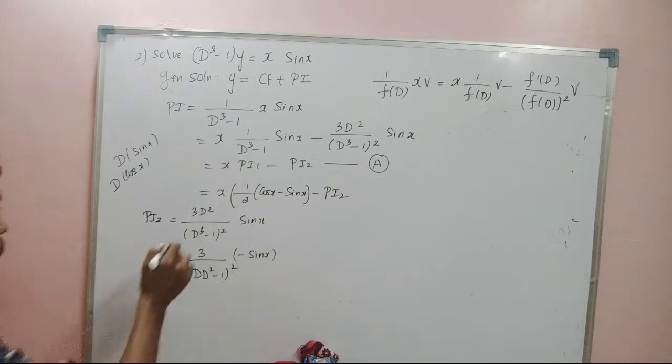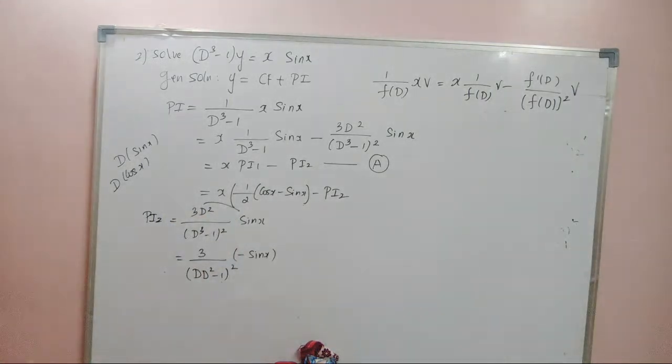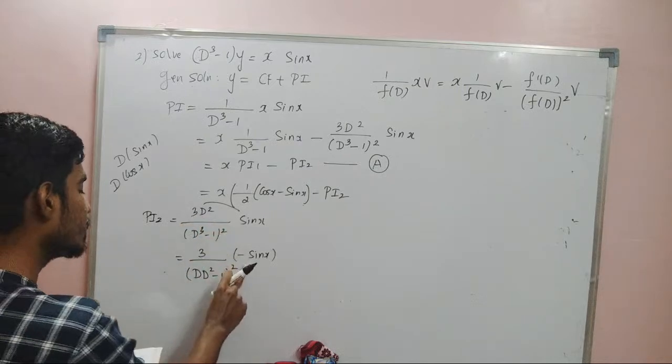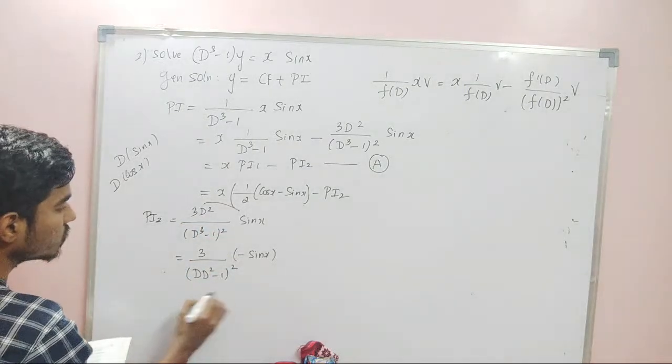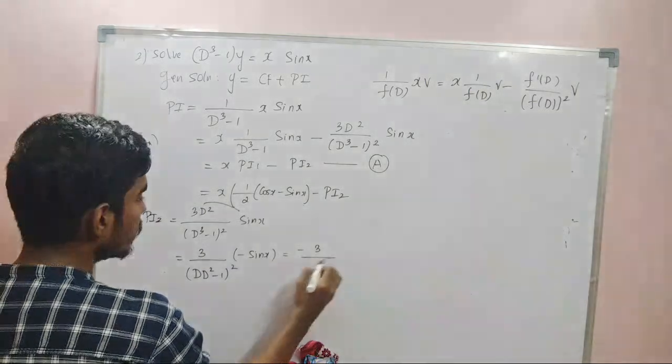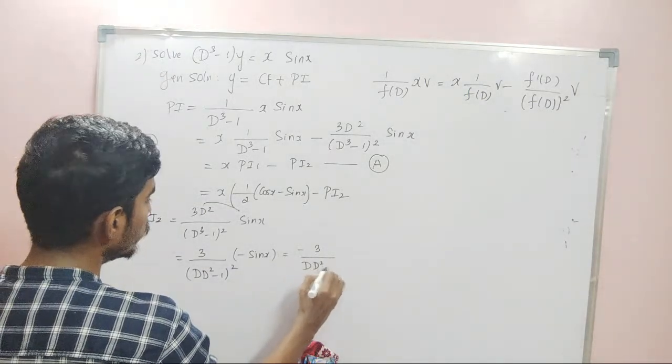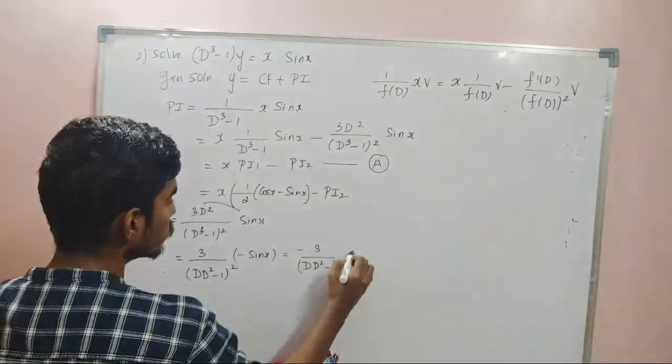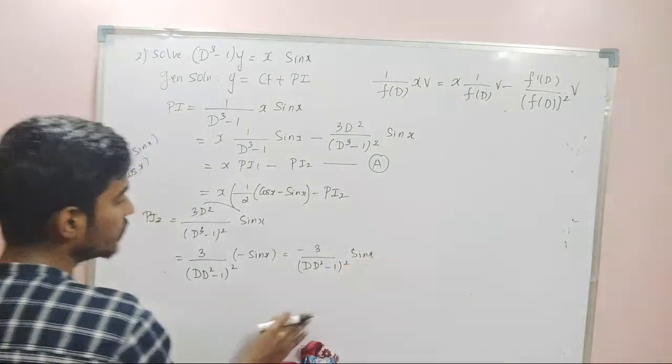So d square of sin x means we need to differentiate sin x twice. If we differentiate once, it will be cos x. If we differentiate another time, it will be minus sin x. So d square of sin x is minus sin x. Now this turns out to be minus 3 divided by d into d square minus 1 whole square into sin x, right?